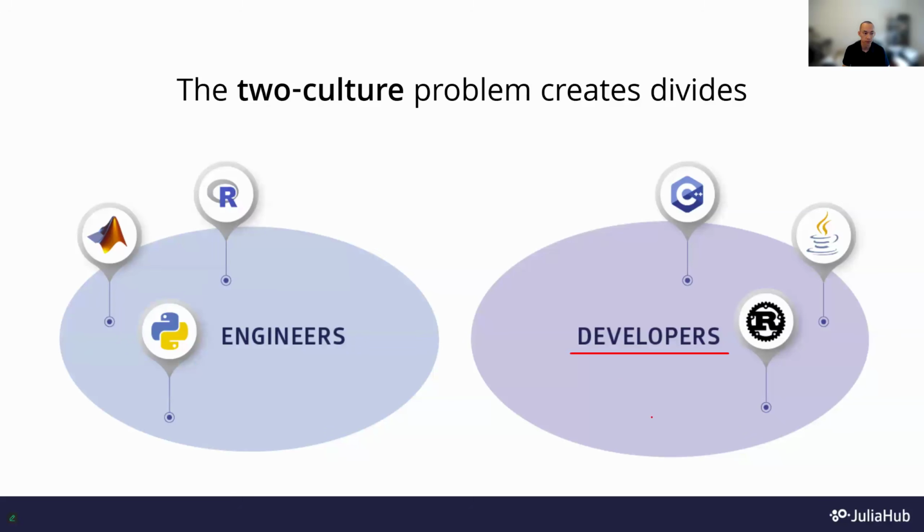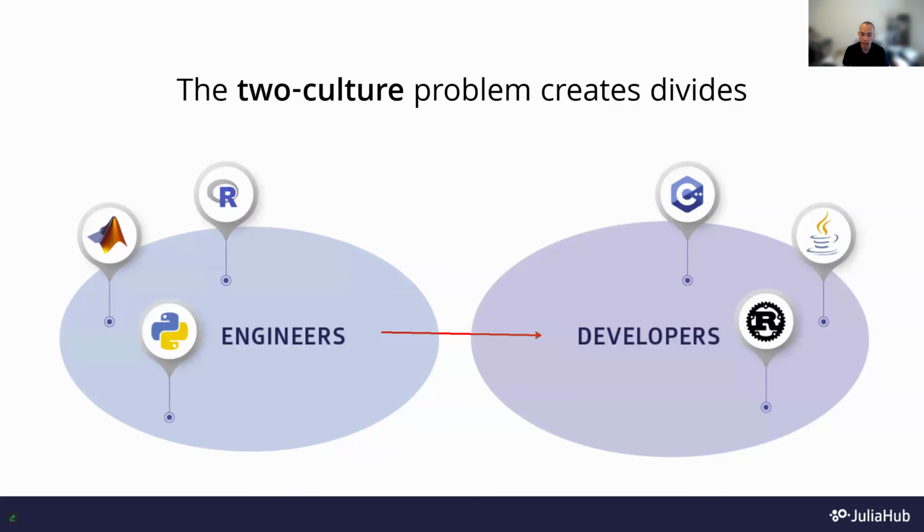Developers, on the other hand, require performance, reliability, and scalability in their production environments. The frameworks they use need to be efficient and fast for production. This ultimately leads them to languages such as C, C++, Java, and others.